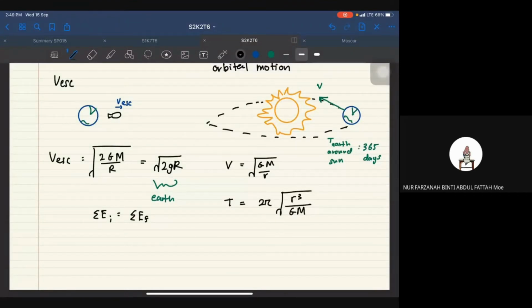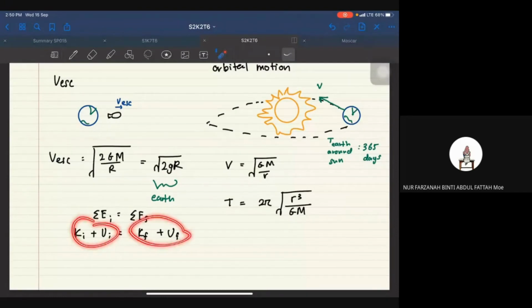So initially on the Earth, you will have the kinetic energy as the initial energy plus the initial potential. When you are on the surface of the Earth, you still have the potential, and then equivalent to K final plus U final. Okay, and this one will be negative lah, tapi saya tak tambah juga situ sebab dia tambah jumlah tenaga.